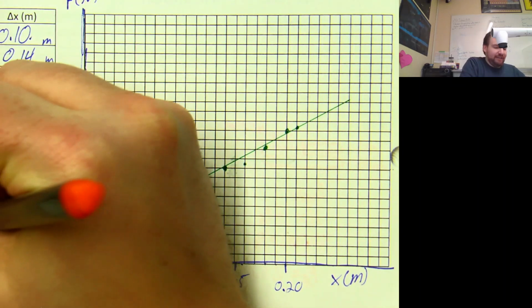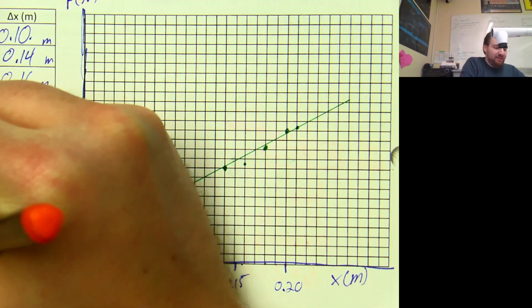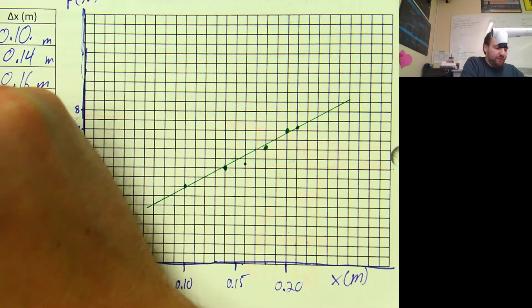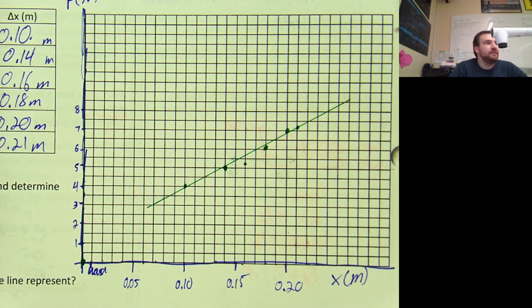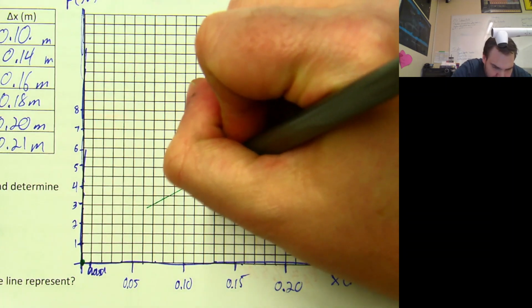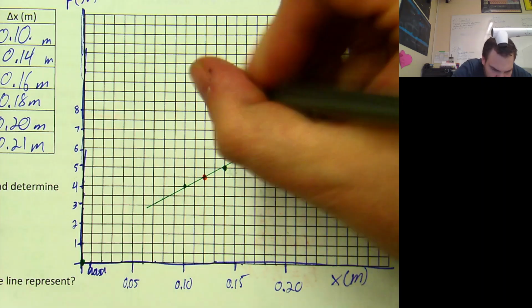It's rise over run, right? Rise over run. So you need 2 points that actually connect with the graph. So I'm going to use that guy there, and that guy there.